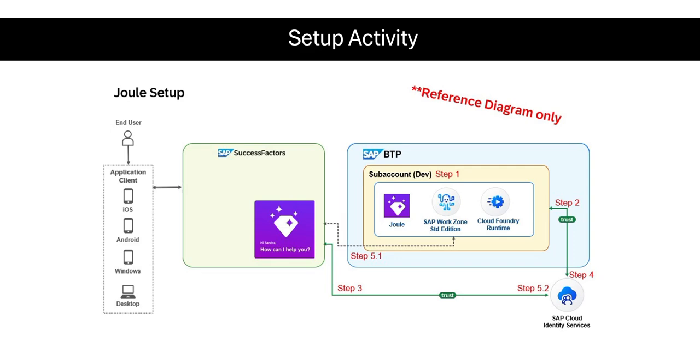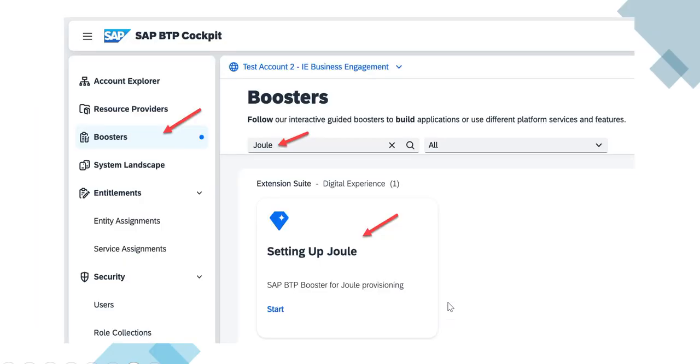So first, where we need to activate this. Once you log in to your BTP system, on the left side we have an option called Boosters. Within the booster, first we need to set up the system.